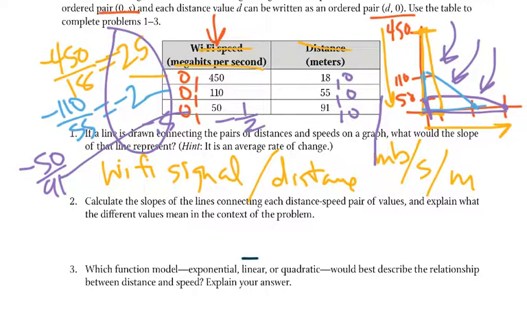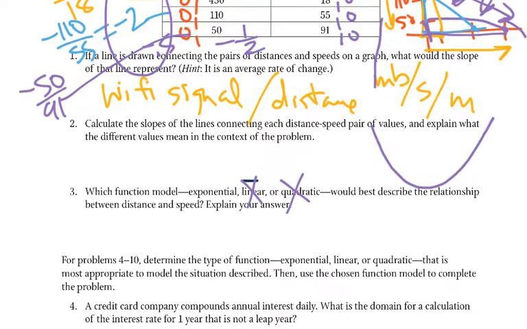So linear wouldn't work, since linear would mean it either keeps going down until it gets to 0 or keeps going up. Quadratic would go down for a while but then get faster the further away we got. We know it's not that. So exponential is probably the closest one: it never quite gets rid of it, but it gets really, really slow the further out you get.